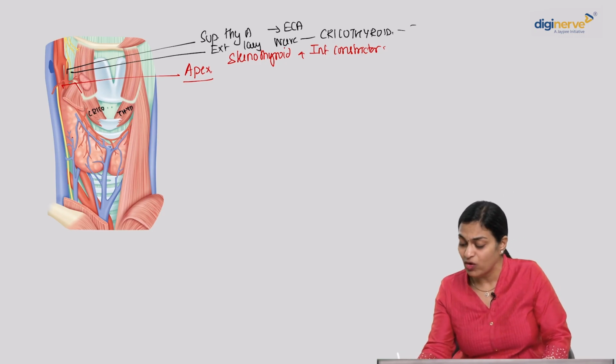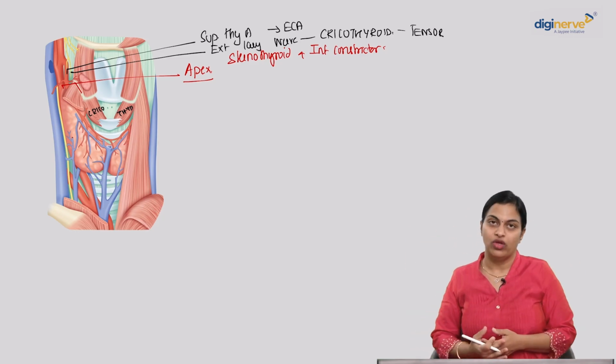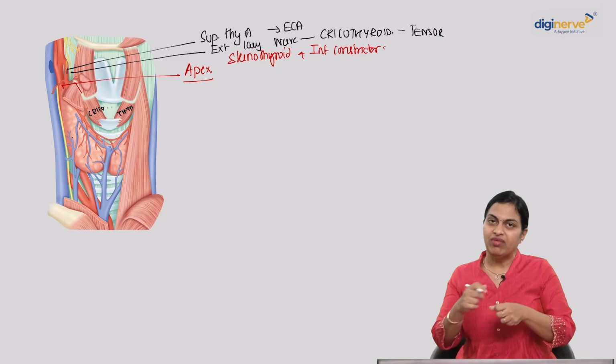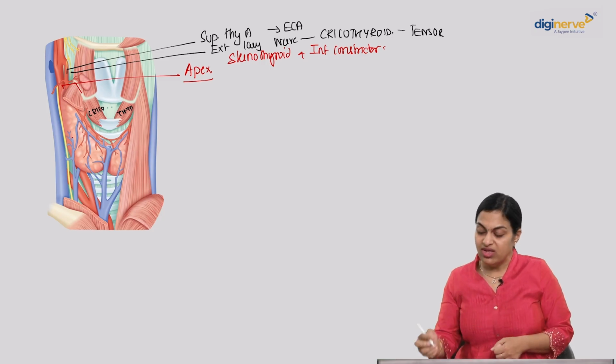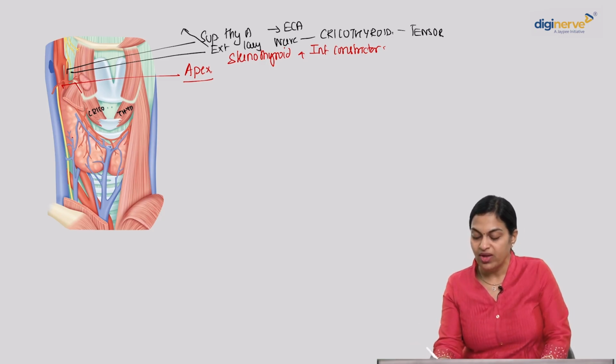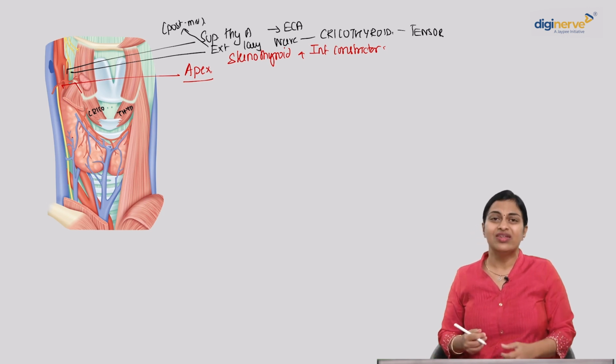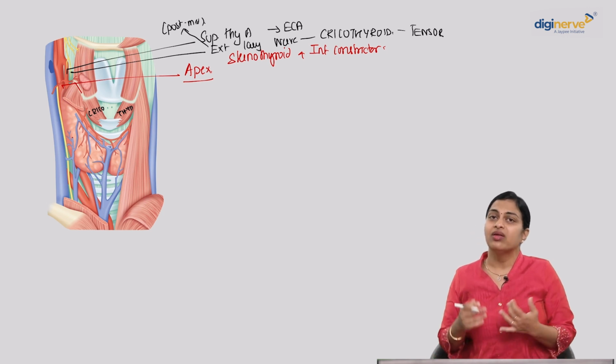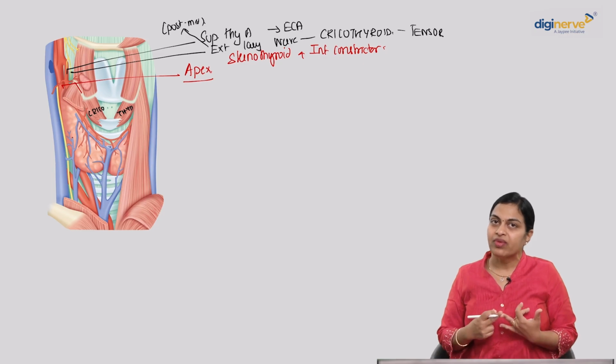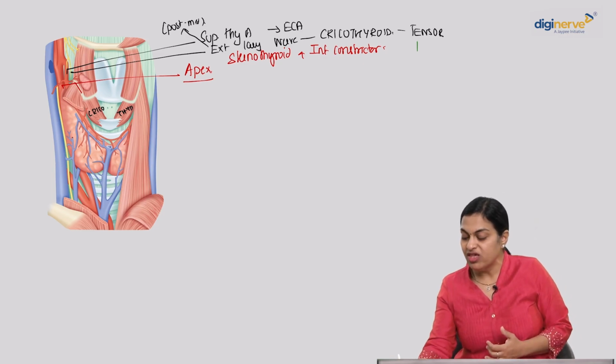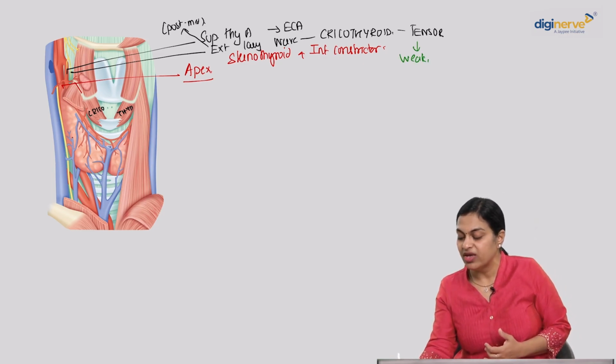It is a tensor of the vocal cord that helps you to increase the pitch of the voice. So, when we try to ligate the artery, this nerve is posteromedial, okay? It lies posteromedial to the artery. So, accidentally, if it gets injured, then the muscle paralyzed will be cricothyroid and the patient will present with a weak, husky voice.